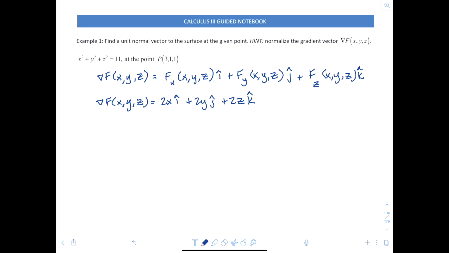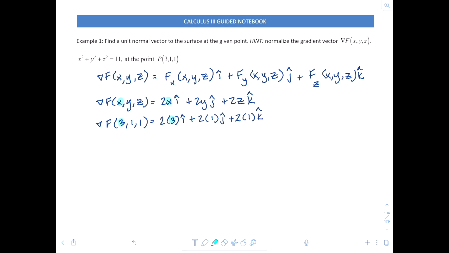And now we're interested at del F at (3, 1, 1). So we'd have 2 times 3 times i plus 2 times 1 times j plus 2 times 1 times k. And of course I just got that.